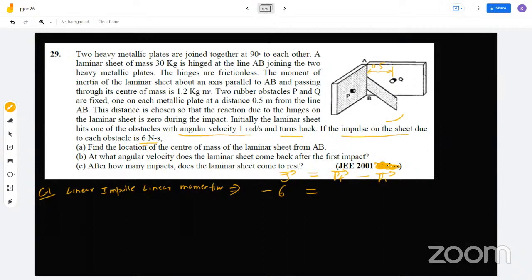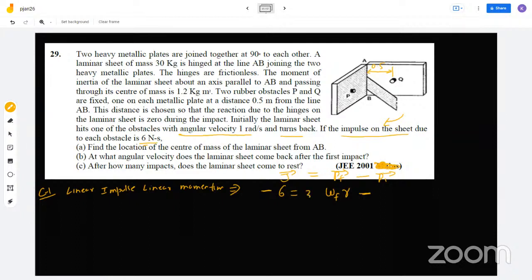Finally it will come back the other way, right? And its speed we write as omega times r. The final angular velocity we don't know, omega f. The center of mass distance we don't know, r. So the speed is omega times r. The initial one is momentum, so we multiply by mass. Guys, what is the mass here? Mass of the laminar sheet is 30 kg.